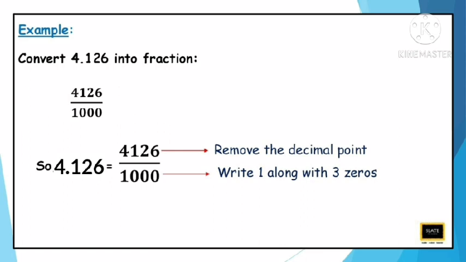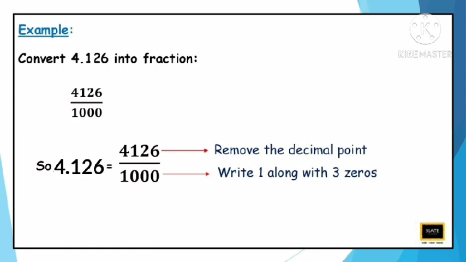Yes, 3 zeros, because here after decimal point, you have 3 decimal places. So your denominator will be 1000. So 4.126 can be written as a fraction like 4126 by 1000. Is it clear, Slaters?